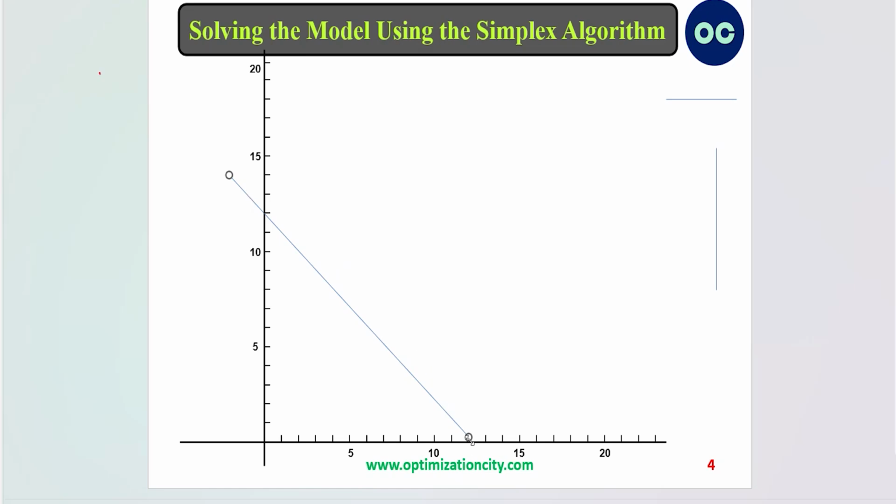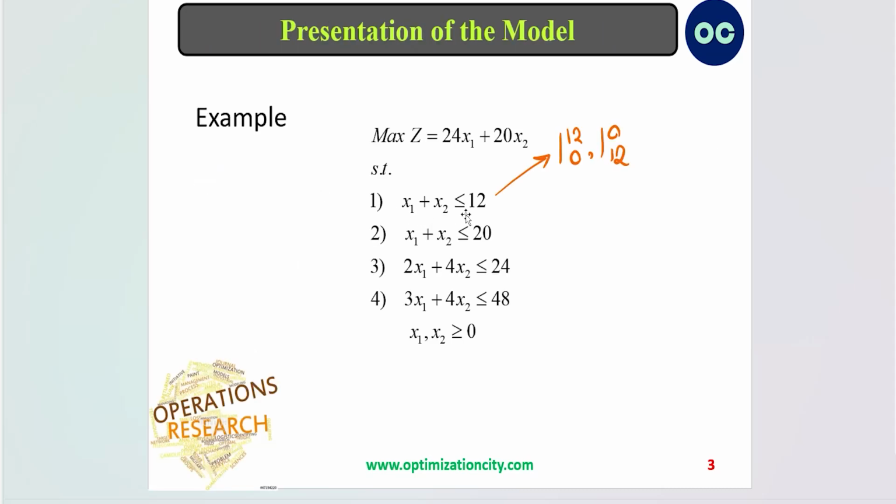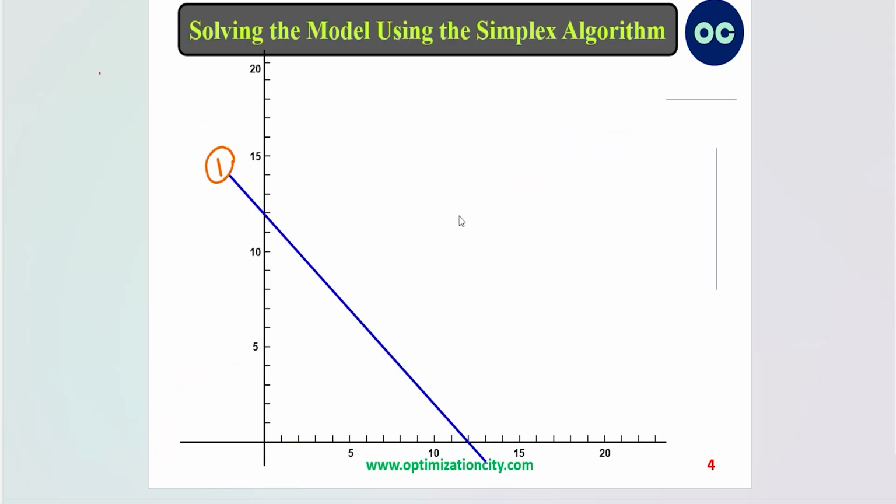This is constraint number 1. Since the origin satisfies this constraint, 0 plus 0 is less than 12, the area below this line is feasible.